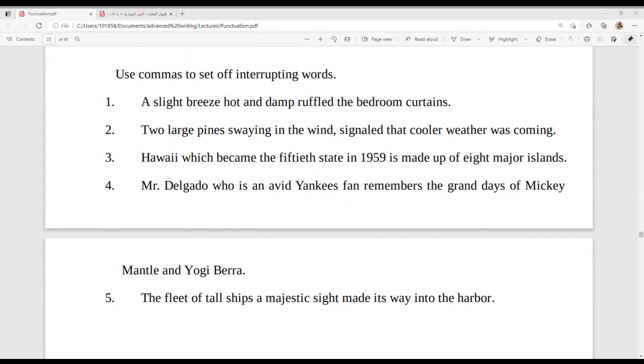A slight breeze, hot and damp, ruffled the bedroom curtains. Where shall we place the commas? Think. Where should we use the commas here?